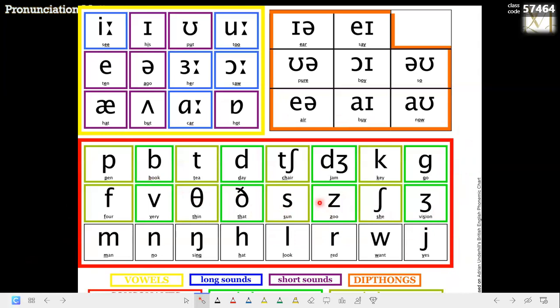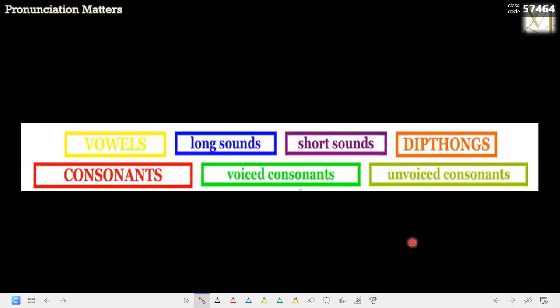So we have another distinction between the consonants, whether they are voiced or unvoiced. So these colors are so important to make a distinction between each type of sounds in English.